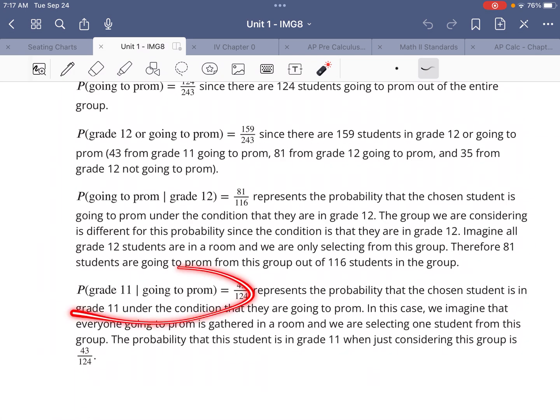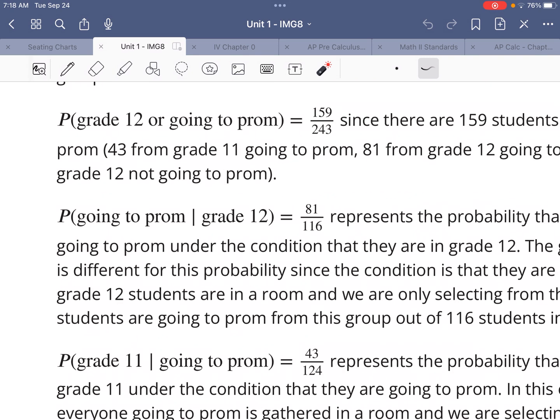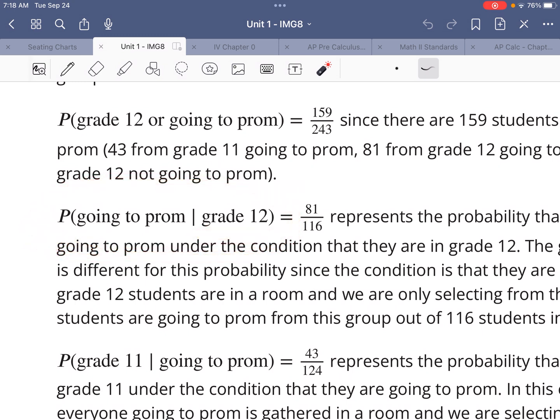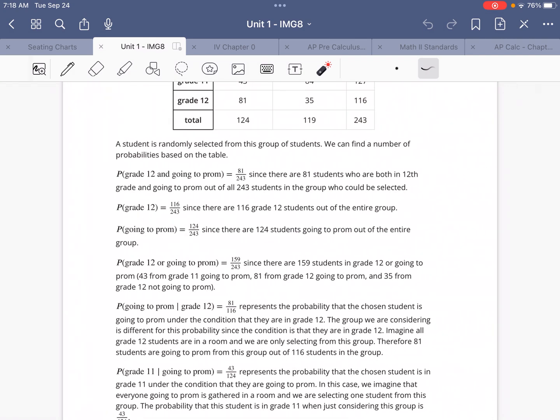Now, down here, this is where we start talking about conditional probability. This is when we have two things and we already know what one of them is. One of them's already been decided. So this is the probability of going to prom given that the student is a 12th grade student. So we're going to have our total be the number of 12th grade students, which is 116.